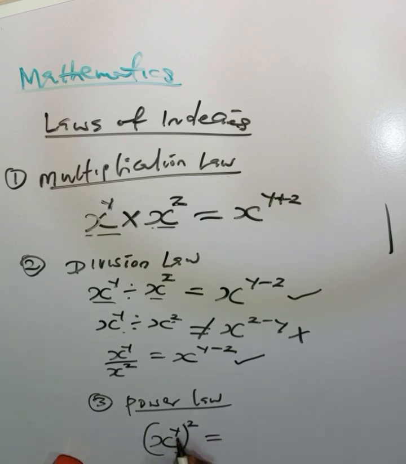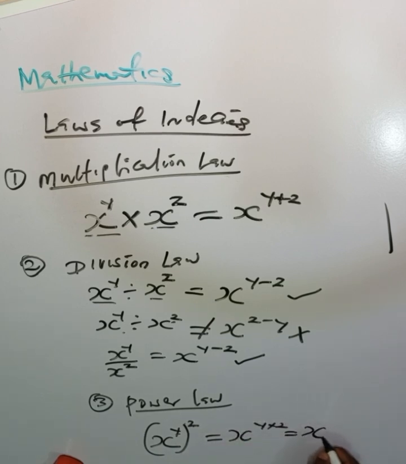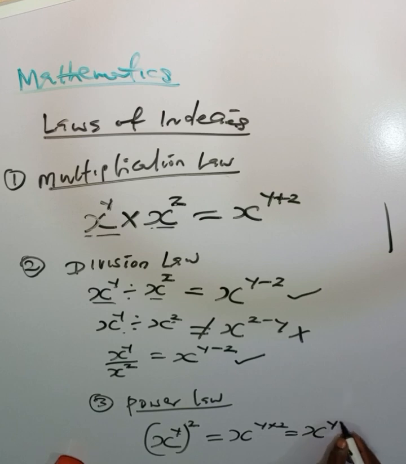If you open the bracket, the powers multiply. You're going to have x raised to power y times z, which is x raised to power yz. So if I have, for example, x raised to power 1 over 3, all raised to power 2, it is the same as x raised to power 2 over 3. So that is power law.